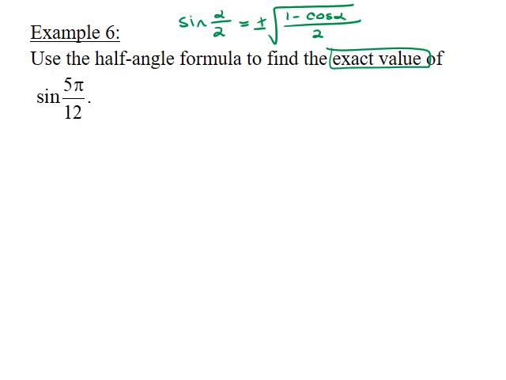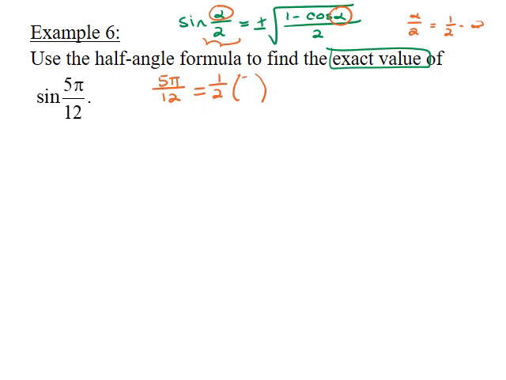Notice that in our formula, we are dealing with alpha, and alpha is divided by 2. We can write alpha divided by 2 as half of alpha. So we need to figure out what 5 pi over 12 is half of. Half of what gives us this?